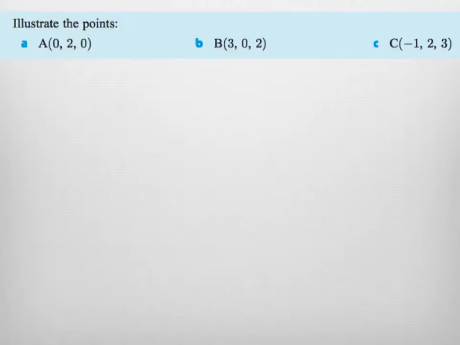Alright, so let's try some examples here. Let's illustrate these points on an axis. Okay, so let's start with A. We're going 0, 2, 0. Let's draw our axes here. We're going to go 0 in the x direction, so we're not going to move from our 0 in the x direction.